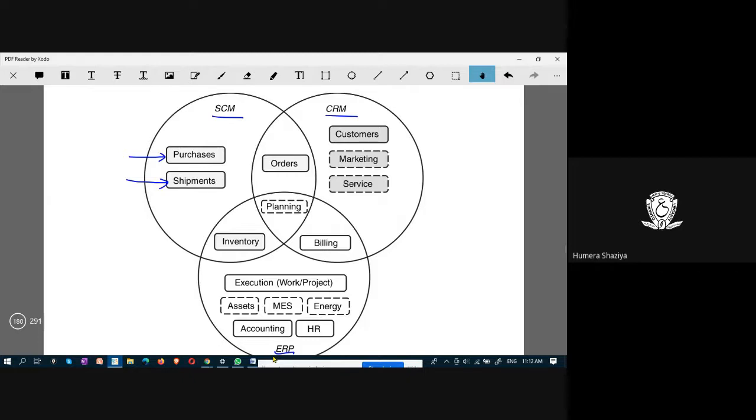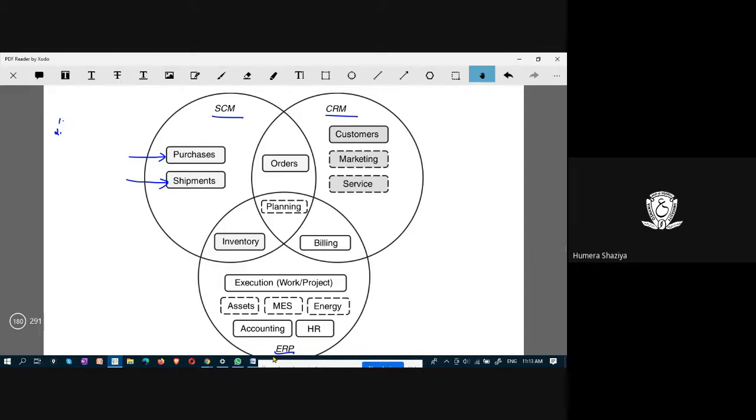I am just trying to explain with one or two examples, but it is too vast to explain every case. Some enterprises purchase raw material from other suppliers or enterprises and produce a product and ship it to the customer, or they produce a product and don't ship; some other enterprise would ship. So it all depends.